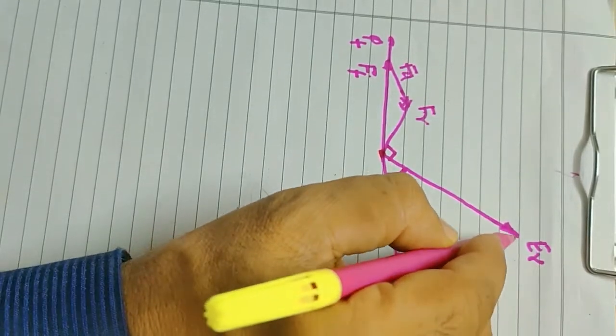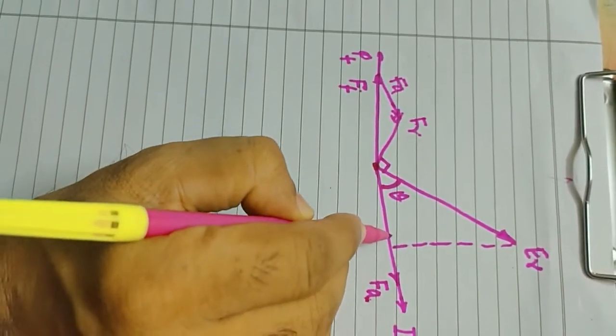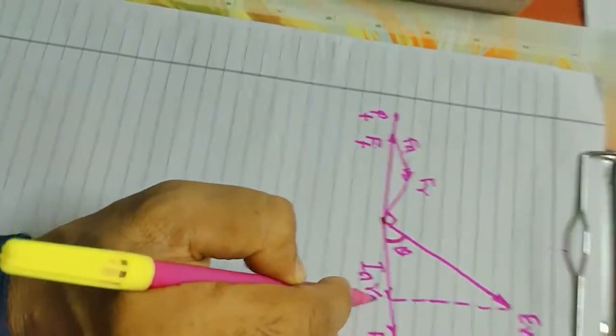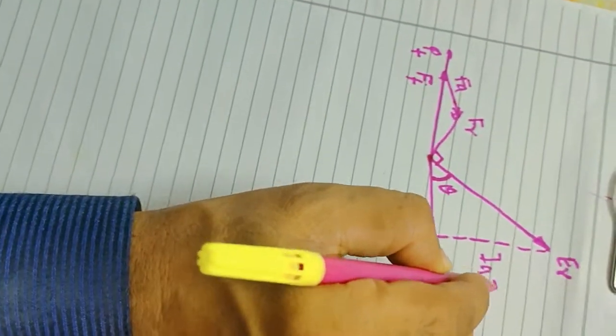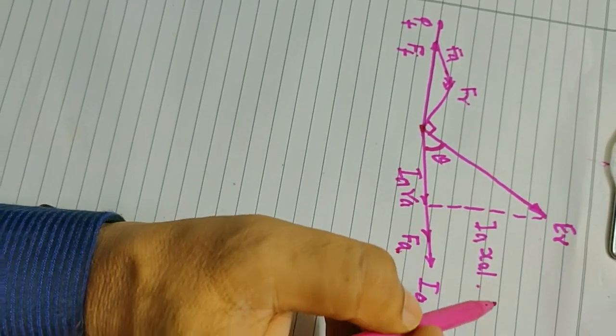This drop is IA RA, and this drop is IA XAL. So this is the phasor diagram under the short circuit test.